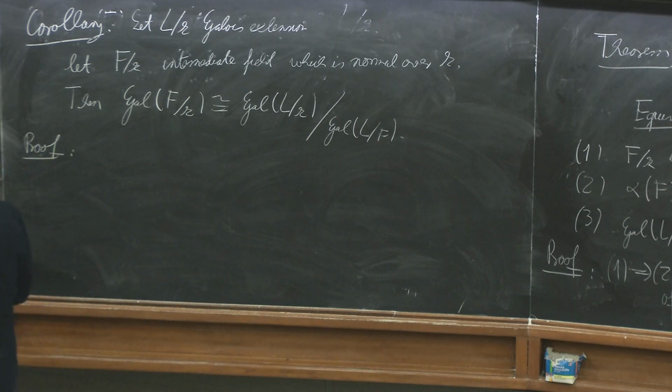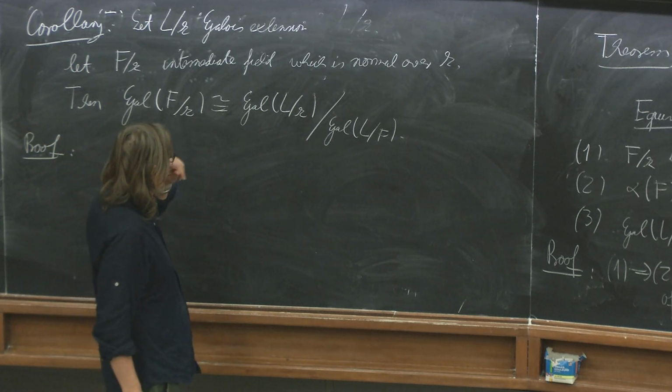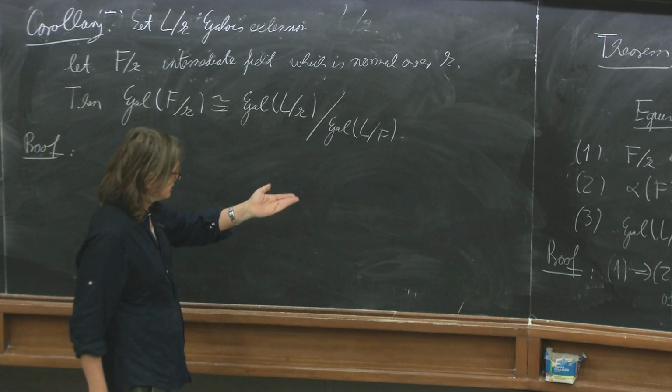So the point that we use is that the elements in the Galois group of L over K send F to itself.